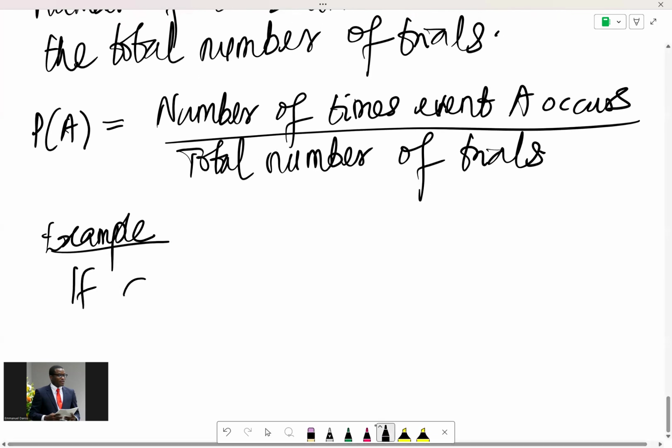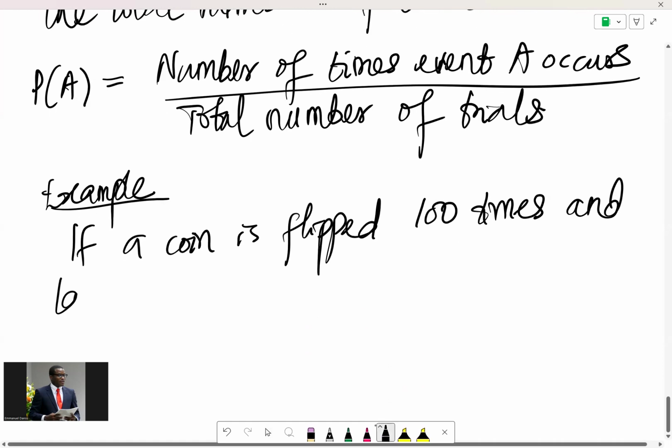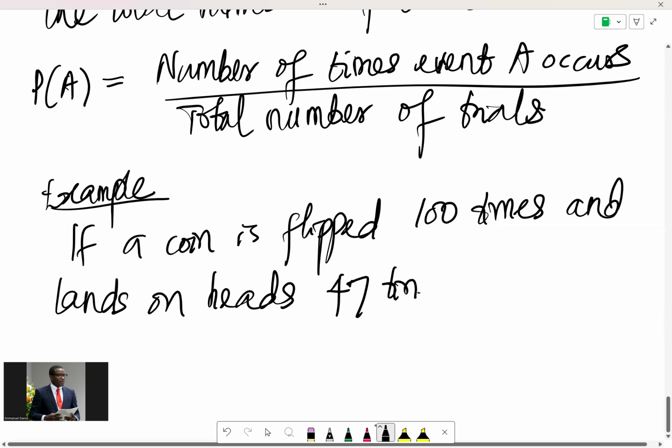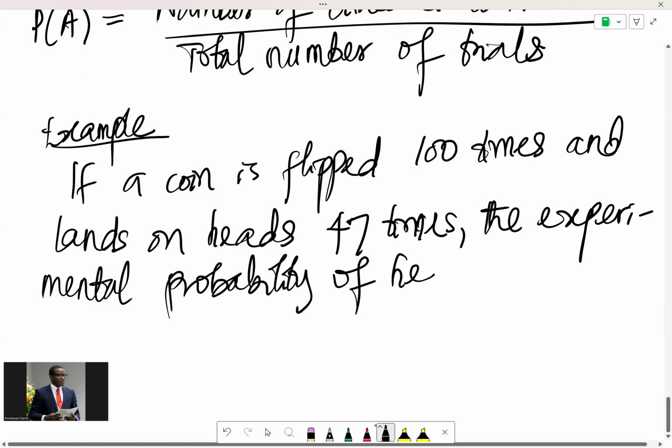So if a coin is flipped 100 times and lands on heads 47 times, okay, the experimental probability of heads is 47 over 100, which is 0.47.